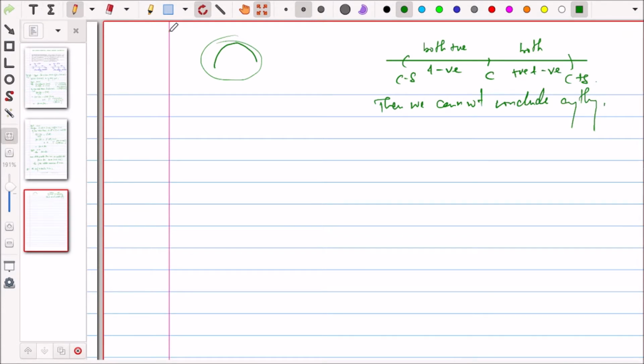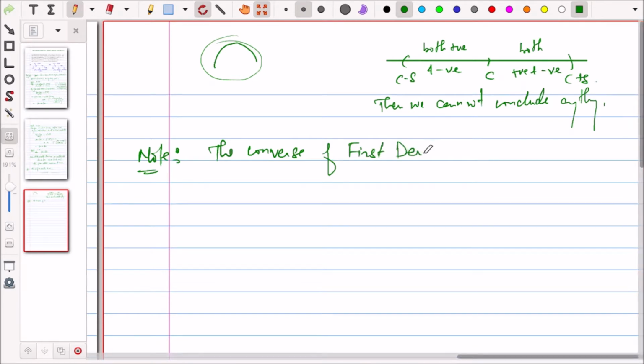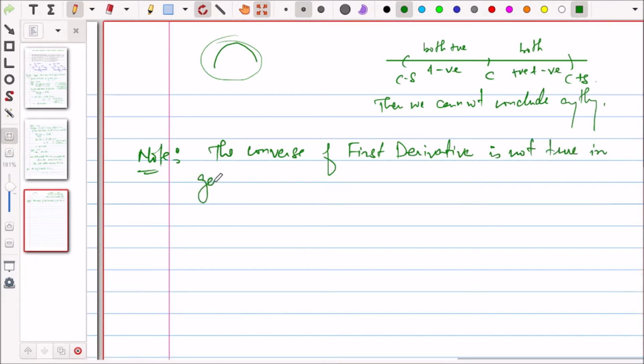So let us just make a note of this remark. Note, the converse of the first derivative test is not true in general.